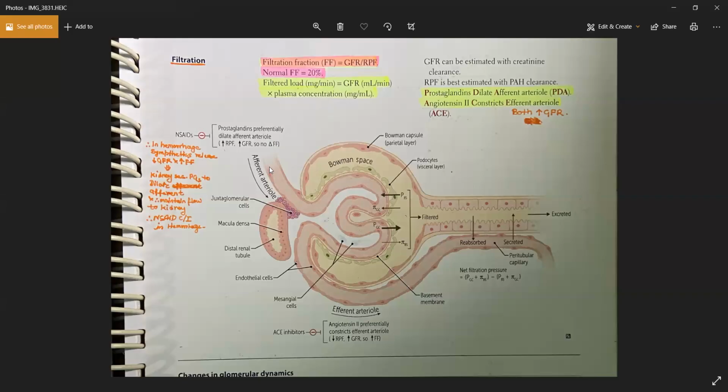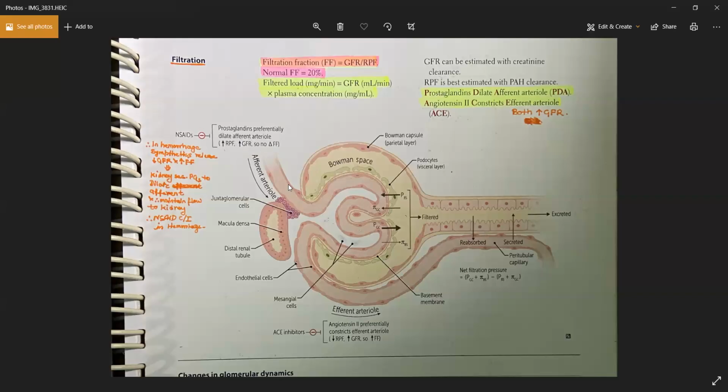Initially, if you have around 100 ml of blood passing through this afferent arteriole, around 20 milliliters of this blood will be filtered. Similarly, if you constrict the afferent arteriole and now you have only 50 milliliters of blood passing through this part of the nephron, then you will have only 10 milliliters of blood filtered. So the filtration fraction will remain the same; only the GFR will change.